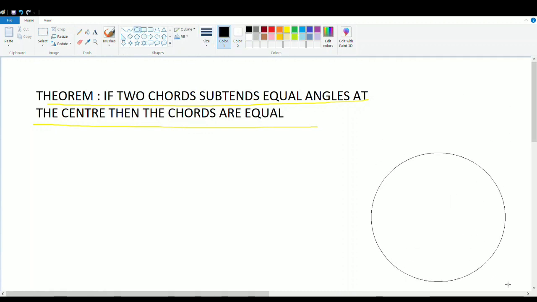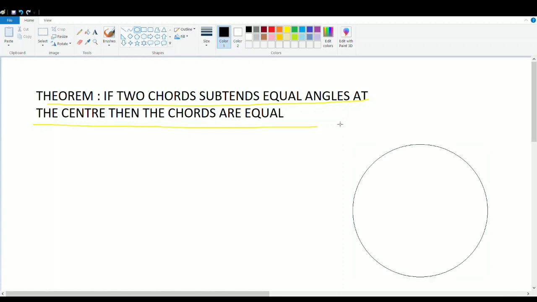If this is a circle given, and it is given that two chords subtend equal angles at the center, let's consider two chords. Let's say this one and this one, and let's say this is the center O, and this is AB.